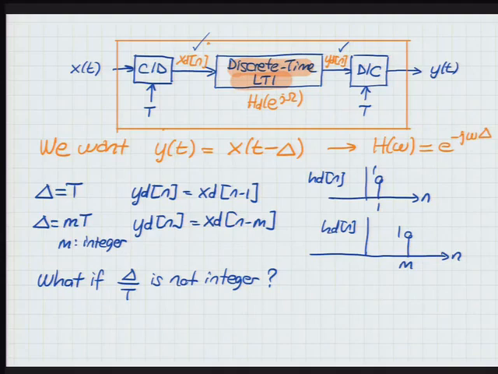That's what delay by delta means, right? So that means I'm trying to accomplish this, but with a discrete time LTI system. So that means I could try and match my Hd of e to the j omega to this. So I want to make this the effective, right?